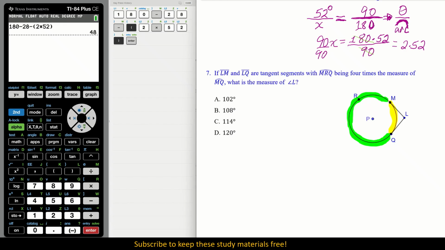So the green is 4 times the measure of the yellow.